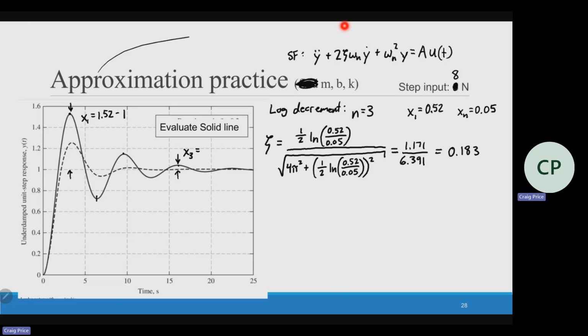That's the frequency we see here. From here to here is 1 period. So the natural frequency is related to the damped frequency, which is related to the period. This is the other piece of information we have to figure out.